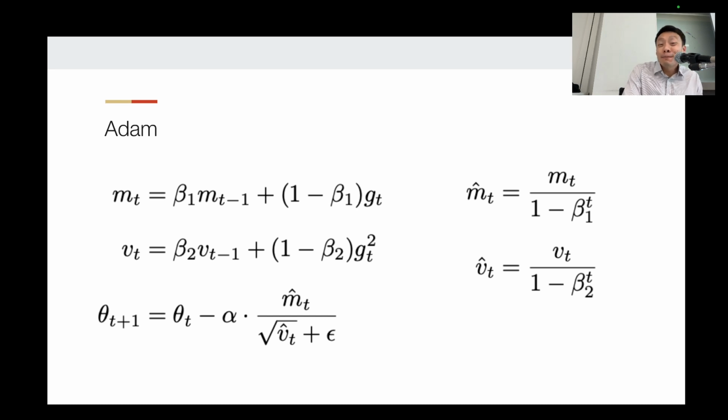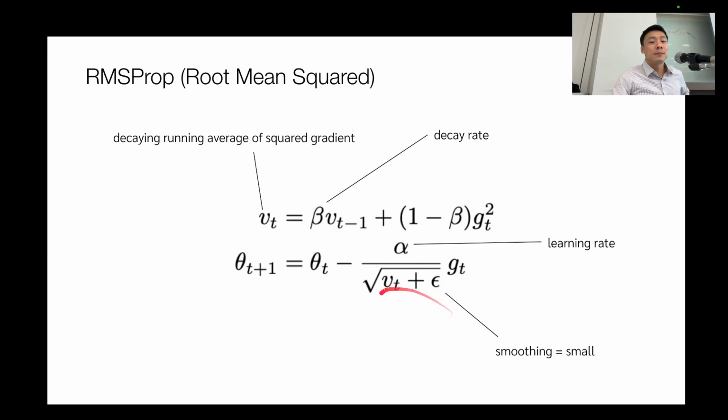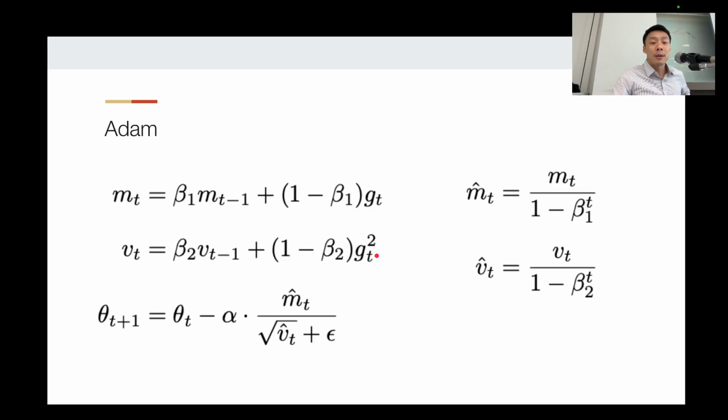It's called Adam. What it did is, I want you to look at this update equation first. Remember this guy? This guy is from here. Square root of v sub t is from RMS prop.